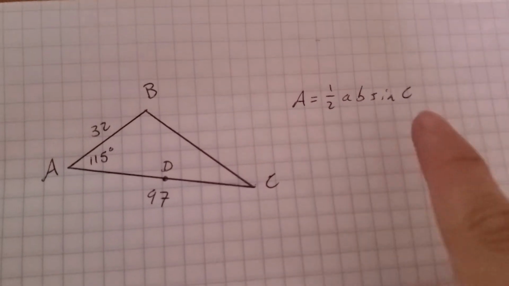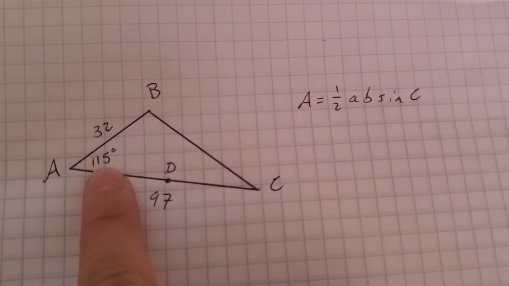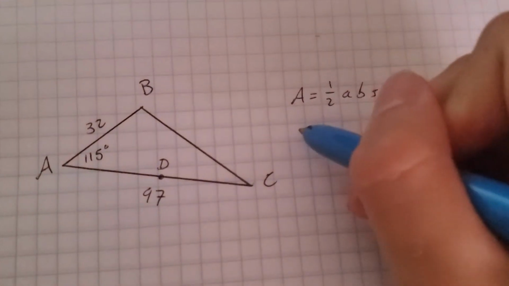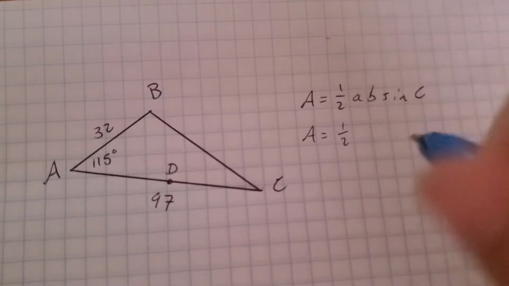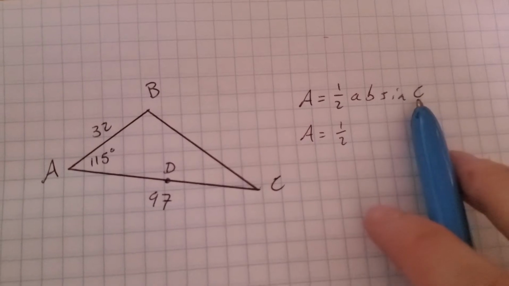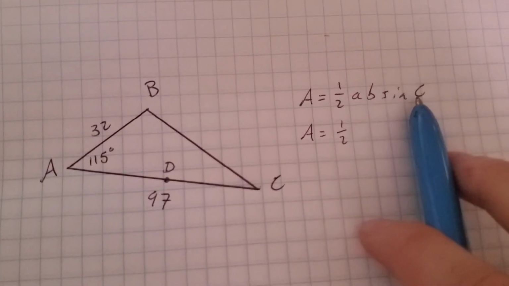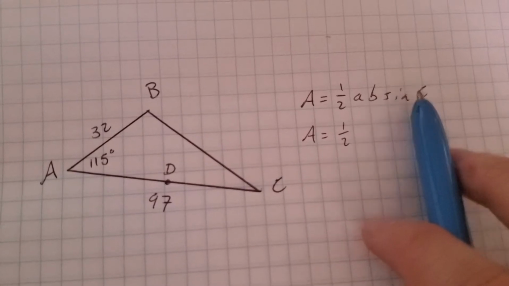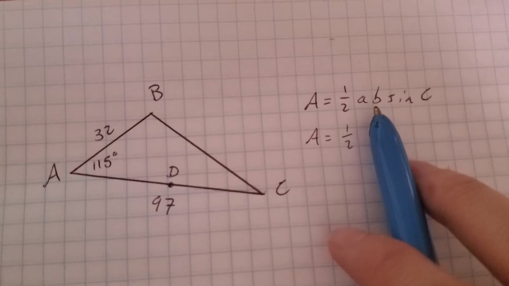You can just adapt this formula to this specific triangle. The missing angle is angle A. So for the formula that I would technically be using, check that the angle it's looking for is this angle, right? Angle C. And then you use the side lengths of the 2 other sides, not including the side C.